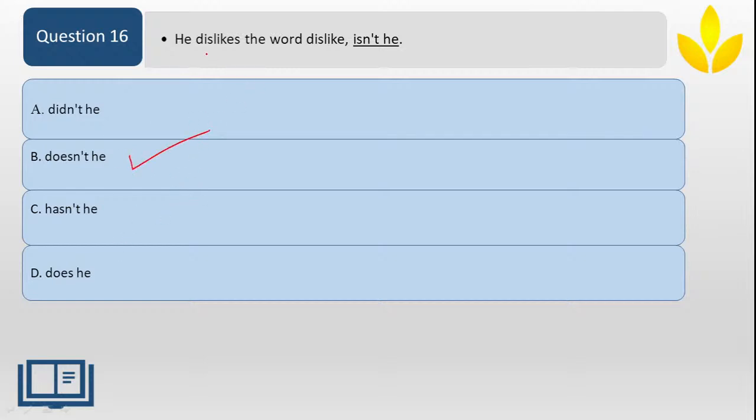He doesn't, if it is given he doesn't dislike, then we can go with does he. He doesn't dislike the word dislike. Does he? Now we are questioning it. So since here the word used is doesn't, automatically it is not used, but it implies by the plural form, singular form, does is used. So here it should be doesn't he.